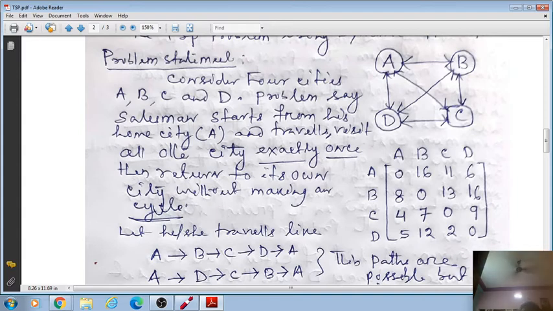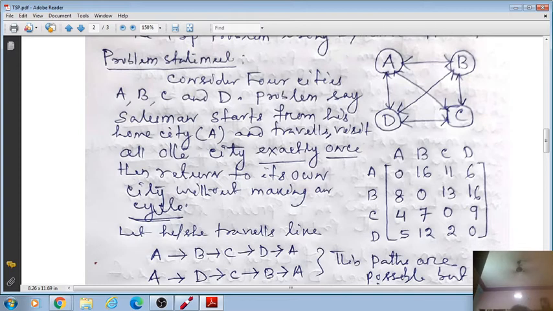A to A distance is always 0, B to B 0, C to C 0, D to D 0. A to B distance is 16, A to C is 11, A to D is 6. Similarly, D to A will be 5. In this way it is given.